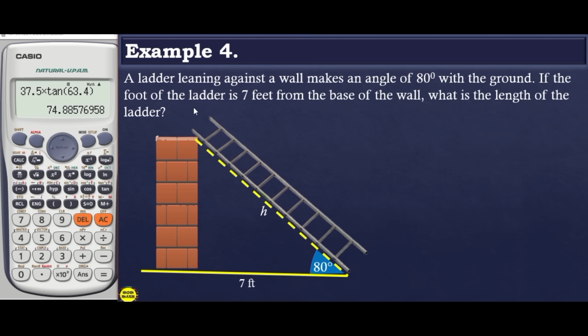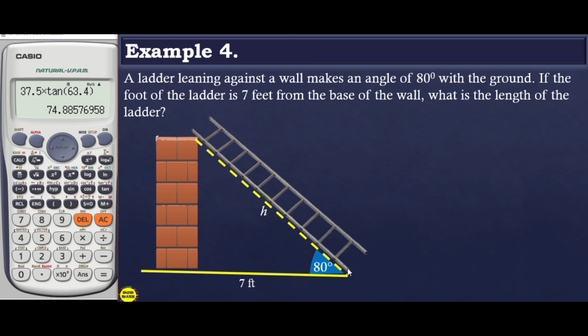Next. A ladder leaning against the wall makes an angle of 80 degrees. So, given na naman yung angle natin dito with the ground. Ito po siya. If the foot of the ladder is 7 feet from the base of the wall, ito yung wall, ito yung angle, foot ng iyong ladder.